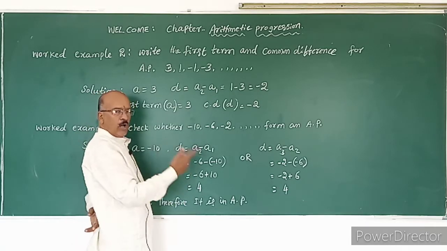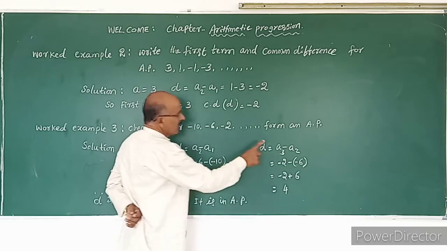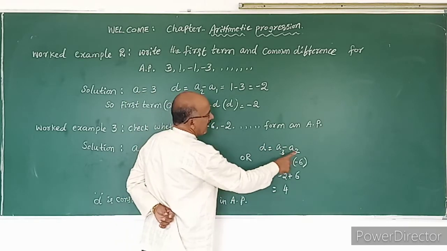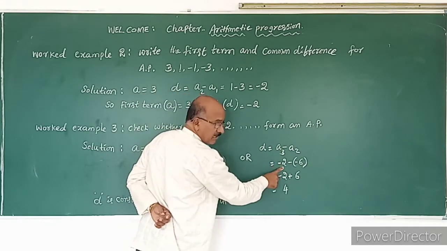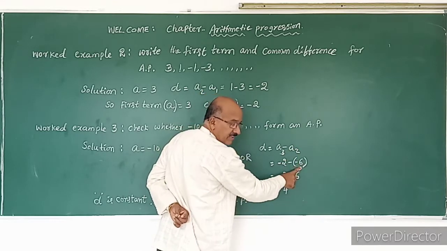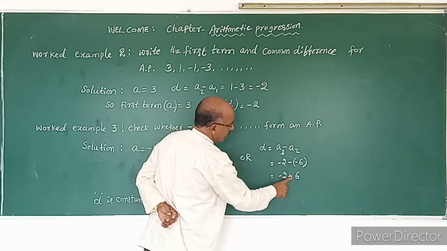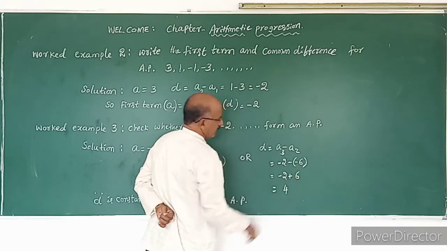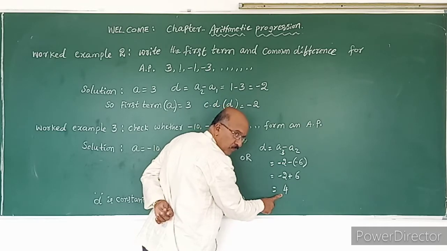Or we can also calculate the common difference by taking third term minus second term. Third term is -2, second term is -6. -2 minus -6, minus into minus plus, plus 6. Plus 6 minus 2, it is also 4.